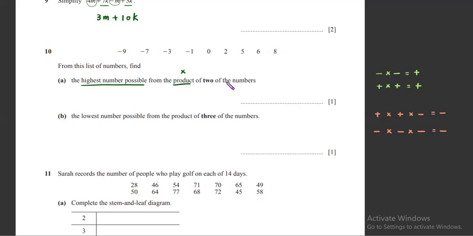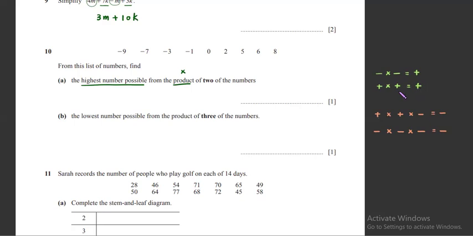So if two numbers are multiplied together, and if we are to find the highest possible number means, we need to see what two combinations will create a positive number. So that is when two negative numbers are multiplied together will give you a positive number, or when two positive numbers are multiplied together, we get a positive number.